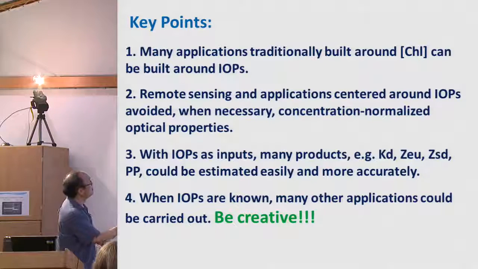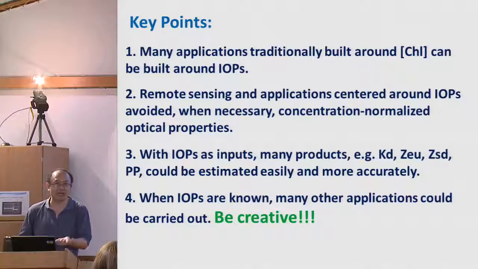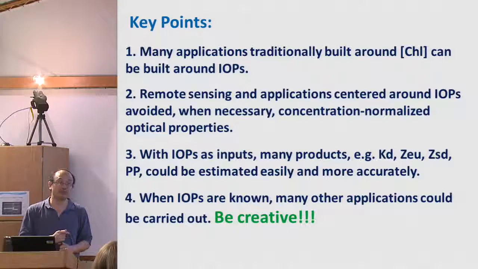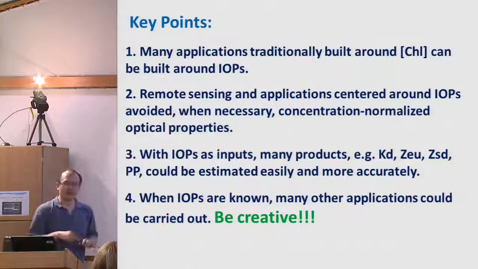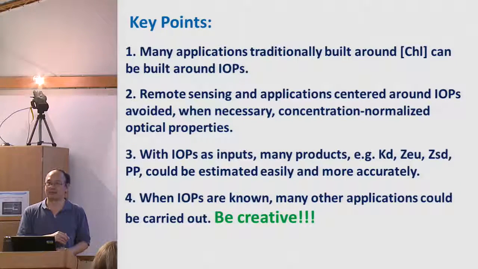Also, when we use IOPs as inputs, many products, as I mentioned, like the diffuse attenuation, euphotic zone depths, Secchi depths, and primary production, can be estimated much better, more accurately, than by using ratio-derived chlorophyll. As I've demonstrated with a bunch of examples, many applications could be developed and built centered on IOPs.